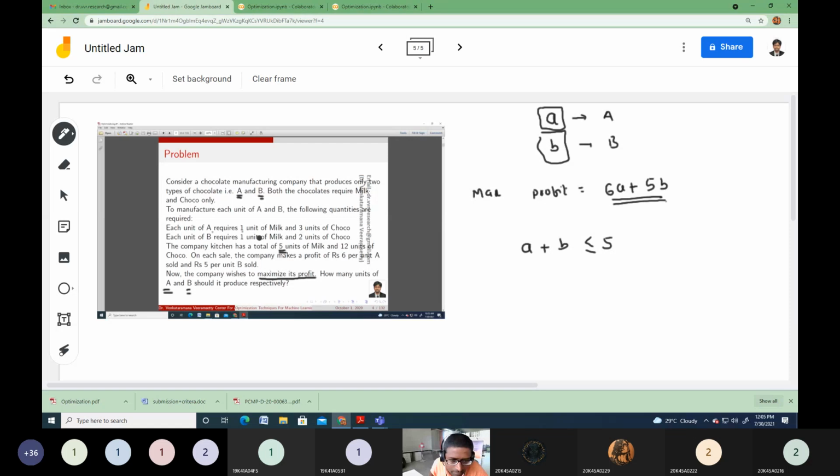Similarly, for 1 unit of A you require 3 units of chocolate, so to make A units, you require 3A. Plus, for 1 unit of B you require 2 units of chocolate, so for B units of B you require 2B. The number of chocolate units available is 12, so that must be less than or equal to 12. These two are called the inequality constraints.